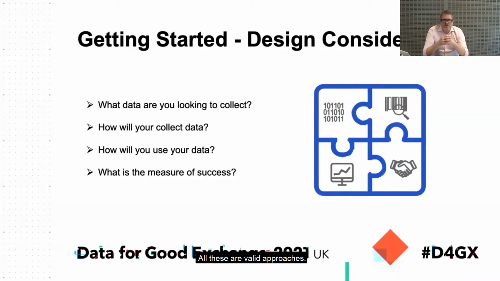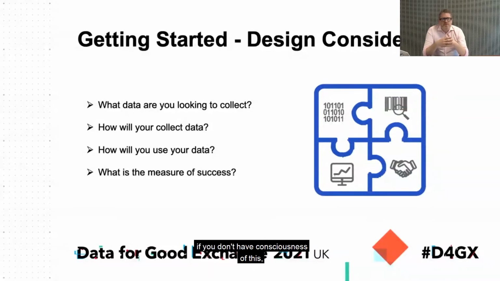All of these are valid approaches, but the key message remains: if you don't have a clear understanding of what you're looking to achieve, you can't work out how you get there.